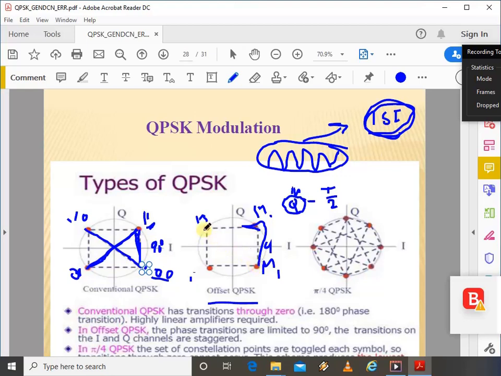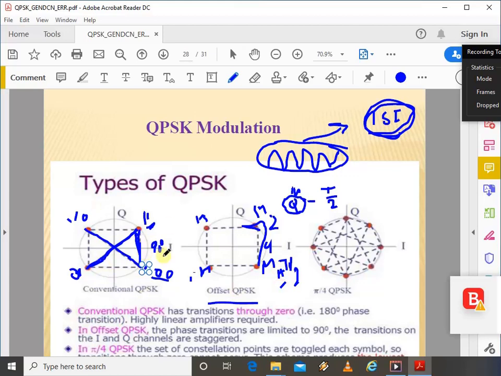Here the signal is not crossing the origin, whereas here the signal is crossing the origin, which indicates a phase shift of 180 degrees. In offset QPSK there is no crossing of the signal through zero. Whatever bit change takes place, maybe from message 1 to message 3 or message 2 to message 4, the phase variation is limited to plus or minus pi by 2.